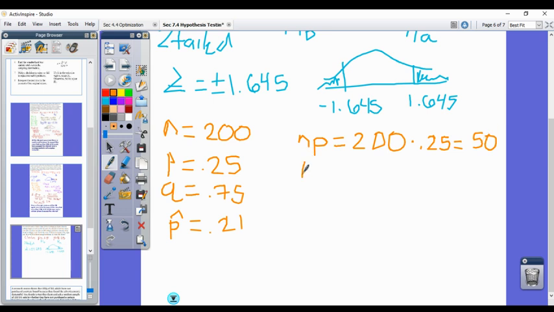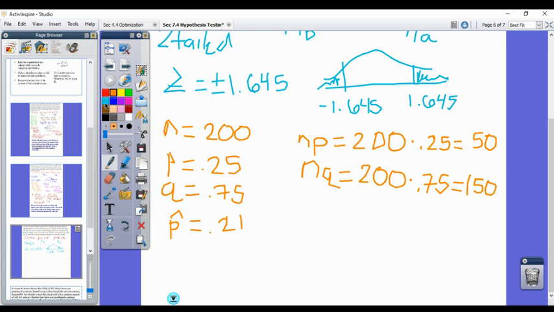And N times Q, 200 times 0.75. And that is going to give me 150. Okay, so that checks out, yay.